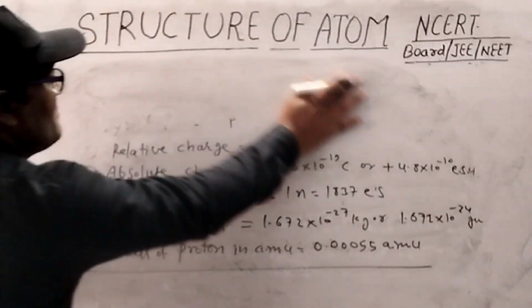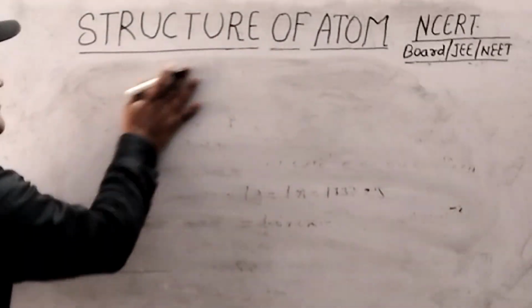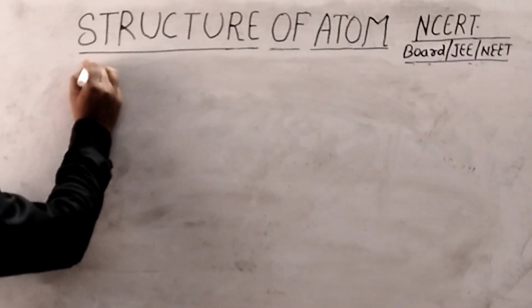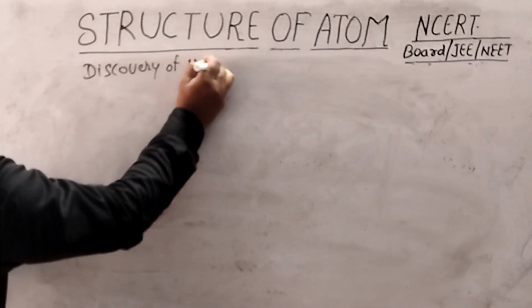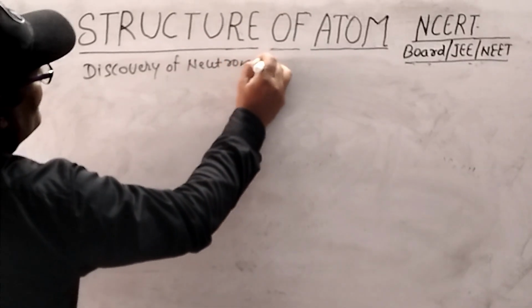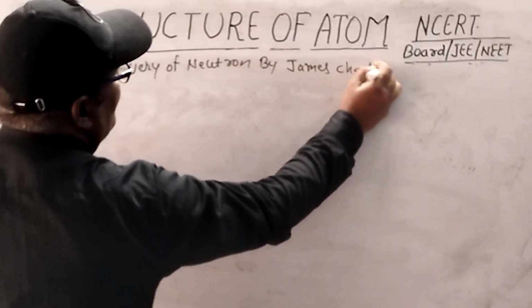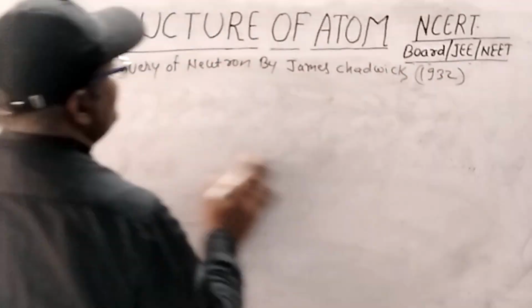Now I am going to discuss the discovery of neutron. The next topic is discovery of neutron by James Chadwick in 1932.